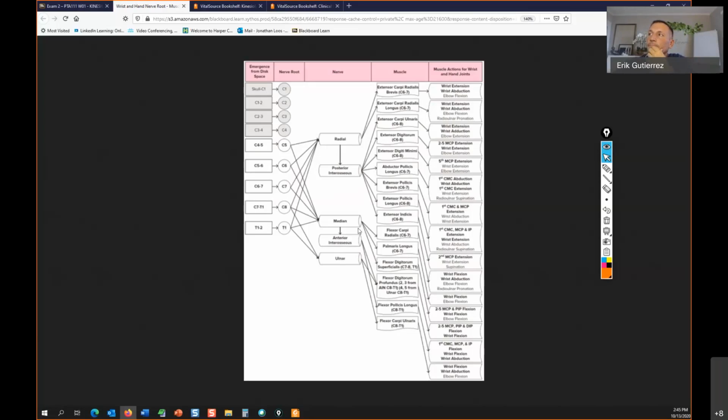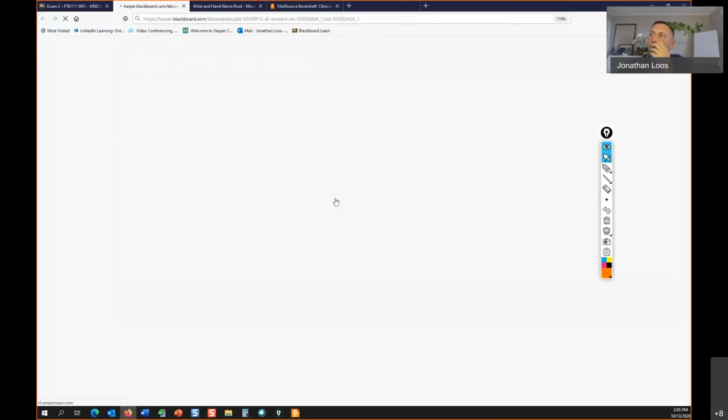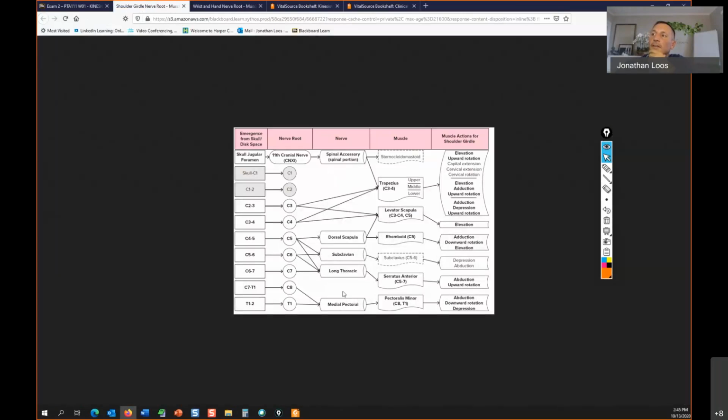I see. Okay. And that's for all of them. If I go back here, let's go to the shoulder girdle. Like the pec minor, if you try to do the nerve roots, it's too much to grasp. That's why I just did the nerve. You have 5 nerves, and so pec minor, medial pectoral nerve.